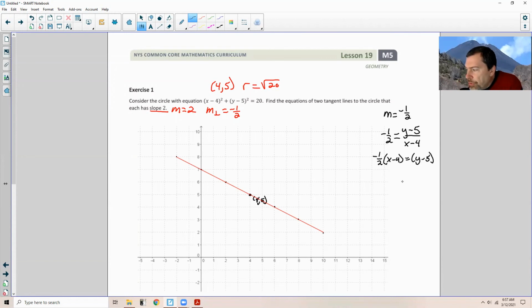And now we're going to square both sides. So if I just put parentheses around here and square everything, -1/2 squared is +1/4. And then the x minus 4 is going to get this 2 distributed to it, and that is going to equal (y minus 5) squared. Okay. So then we transfer to our circle equation and we say (x minus 4) squared plus (y minus 5) squared equals 20.